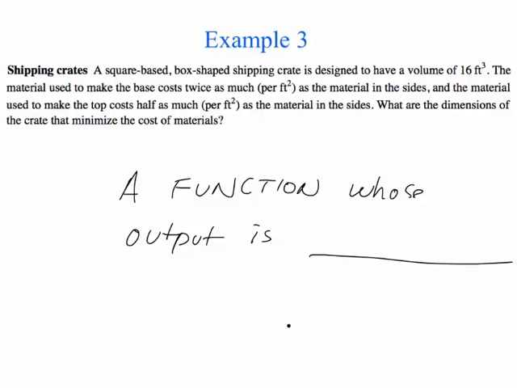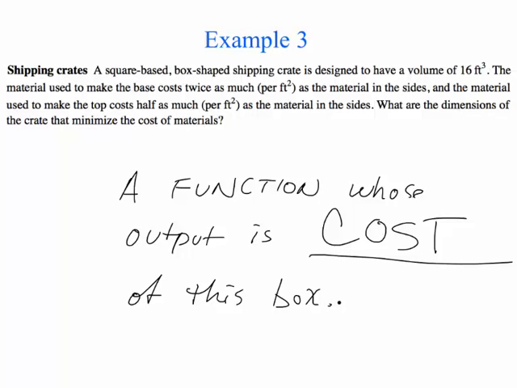A function whose output is the cost of this box. Then we're trying to find which configuration, which input value, gives us the lowest cost. But we need a function whose output is cost. We need that in one variable, and we need the applicable domain of that function.